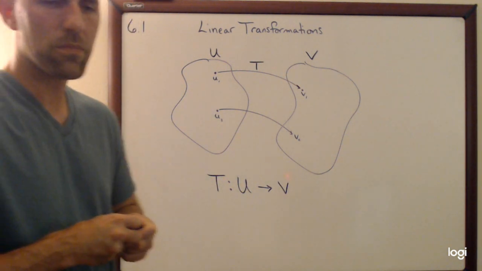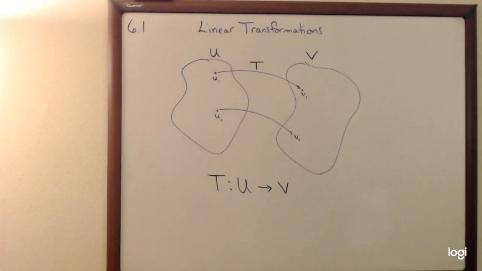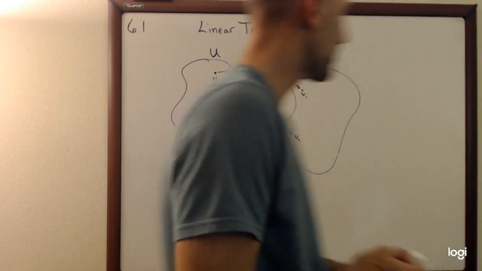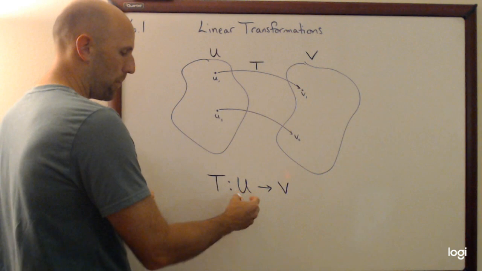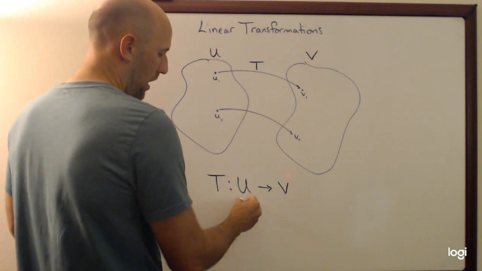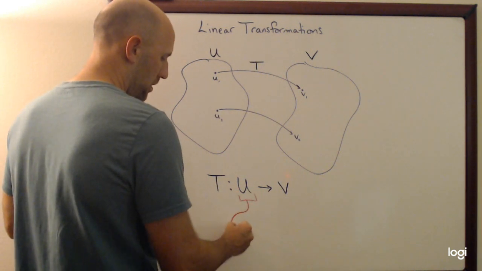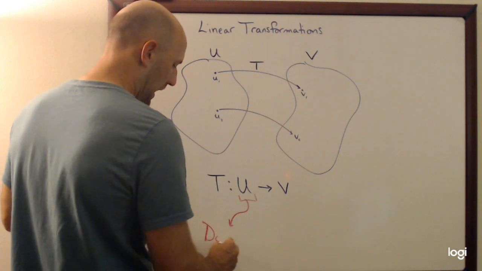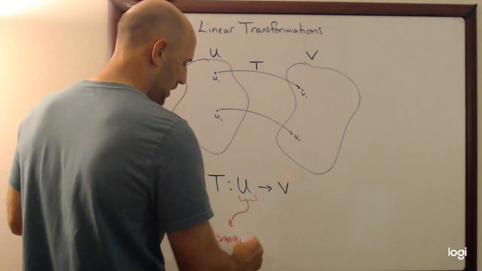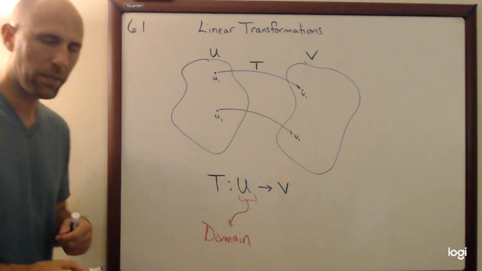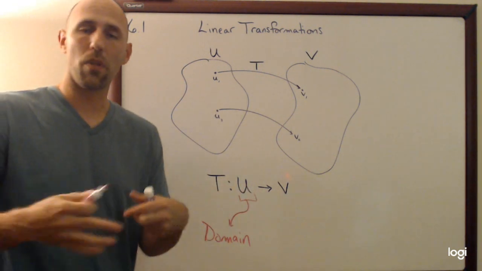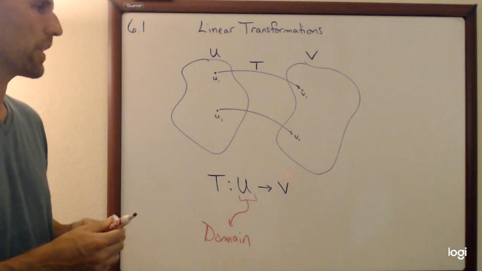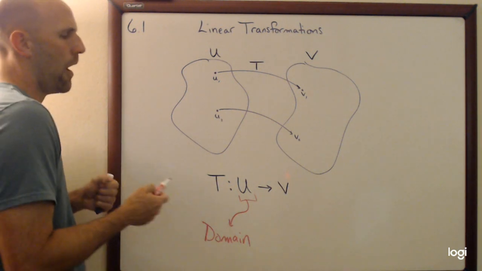Now, we have some definitions for these things, obviously. The space that you are mapping from, so the original space, this is called your domain. I'm sure you guys probably anticipated that already. And this one, not range, although that's the first thing that people tend to think of.